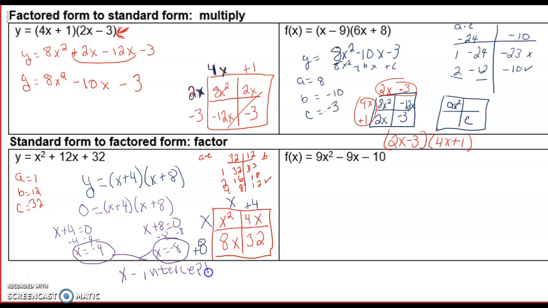So if they gave us the x-intercepts, we could make it come into here by saying x and the opposite of the x-intercept, x and the opposite of the x-intercept, and then we can multiply them back up here the way we did up here, and I can get standard form. Wow. Okay, take a second and do this one right here. Work on that one.